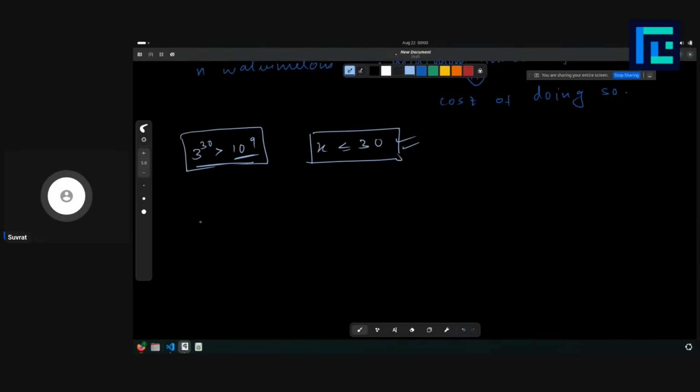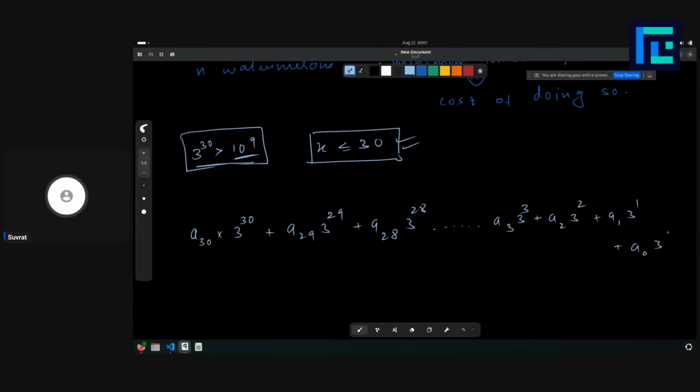So basically, now let's assume that I do a30 deals of 3 to the power 30, and then a29 deals of 3 to the power 29, and a28 deals of 3 to the power 28, till a3 deals of 3 to the power 3, plus a2 deals of 3 to the power 2, plus a1 deals of 3 to the power 1, plus a0 deals of 3 to the power 0.